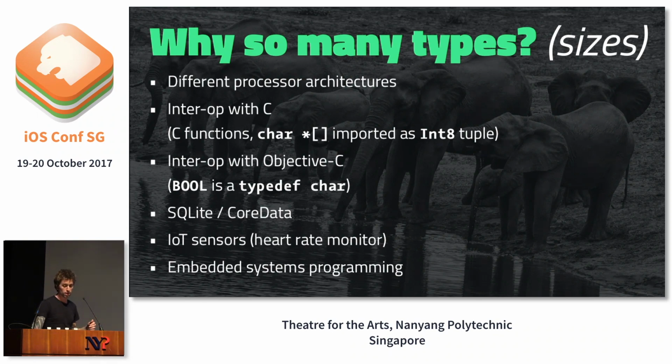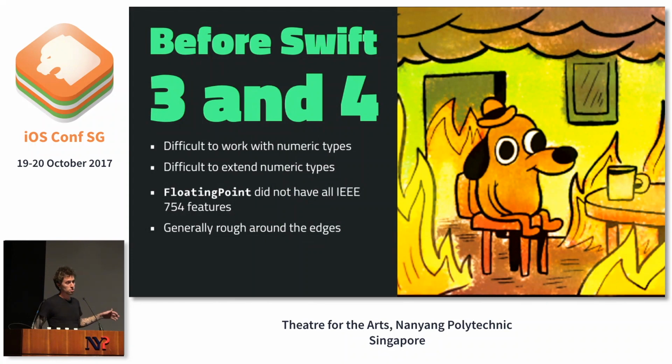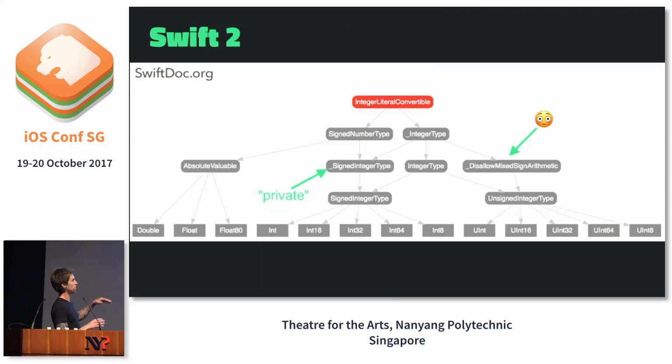So before Swift 3 and 4, it was pretty difficult to work with numeric types. Floating point didn't even have all of the IEEE features. The language in general was just pretty rough around the edges, very immature. We can see that with the previous hierarchy. There's this weird disallowable mixed sign numeric protocol. What does that even mean?